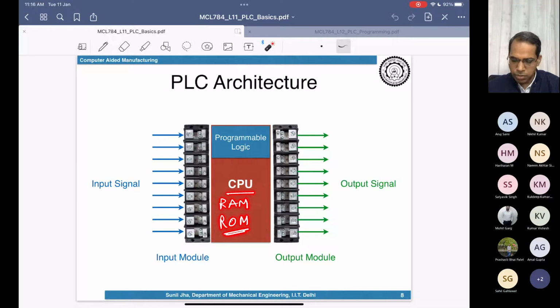We are not using ROM these days; it's flash memory, which is responsible for storing the program that you will be writing into the PLC. So we will build a logical program and then transfer that program into the PLC memory, so that the logic you write is transferred as binary code into the PLC core.